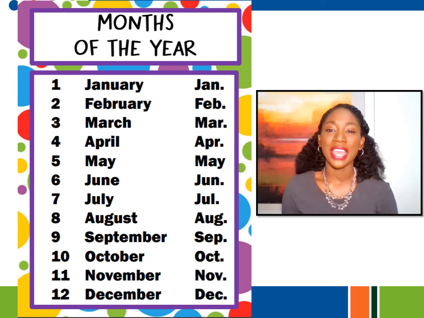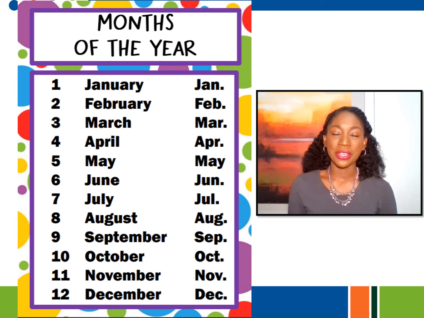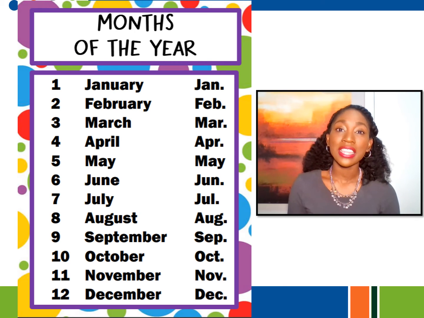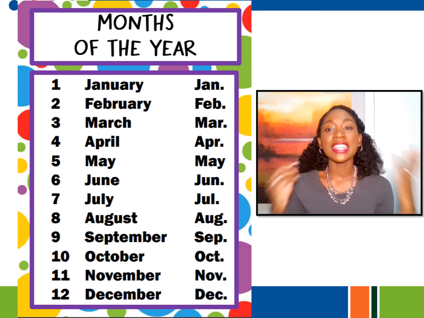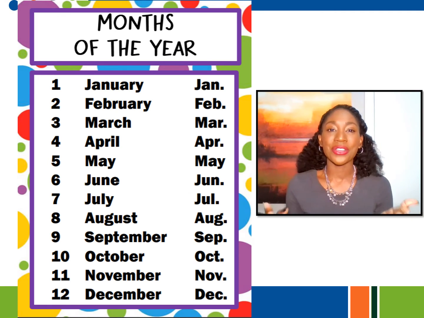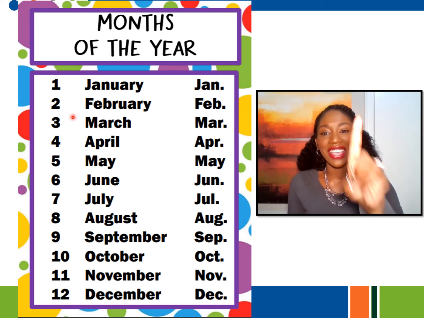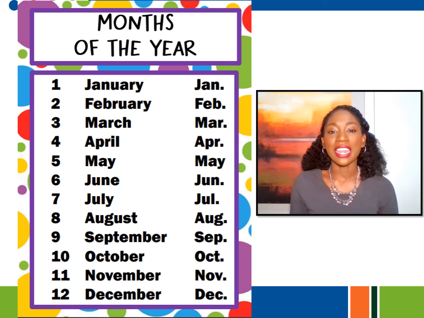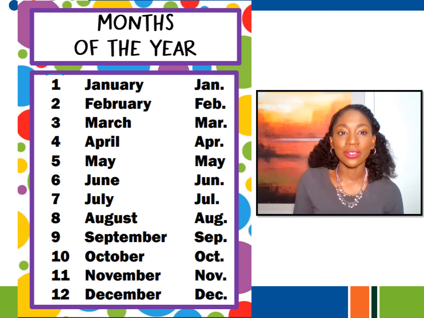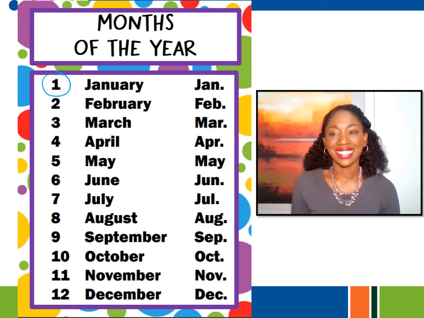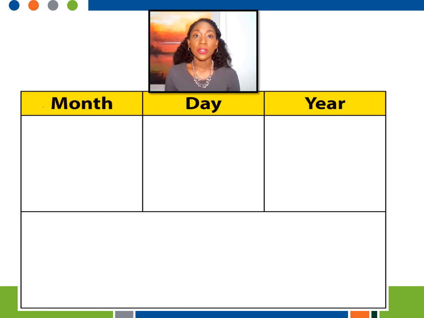Now, let's keep going, first graders. So we know that when we say our months of the year, we always start with the first month and go to our current month. And this time, our first month is our current month. So we know that January is the first month, and I'm going to go ahead and circle that 1. Now let's write our date. We know that we can always write our date 2 different ways, and the first way is with our numbers.